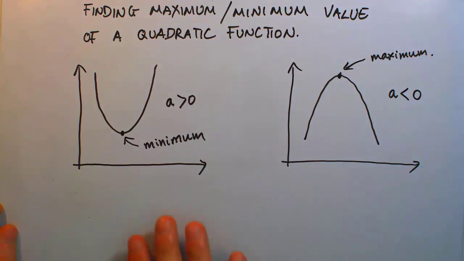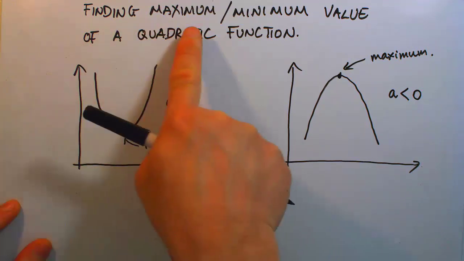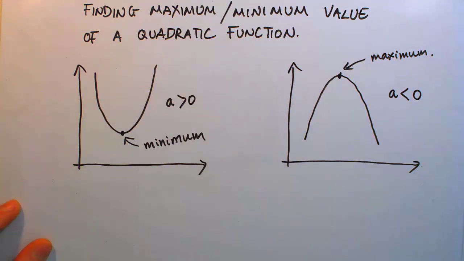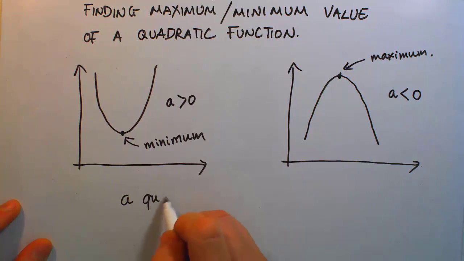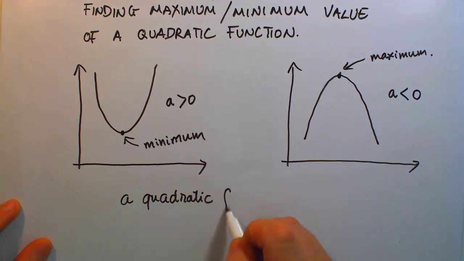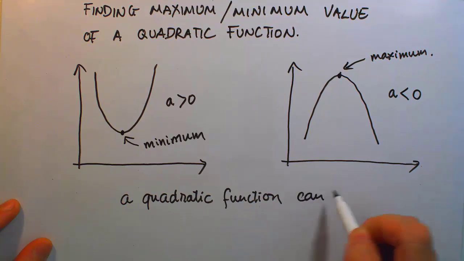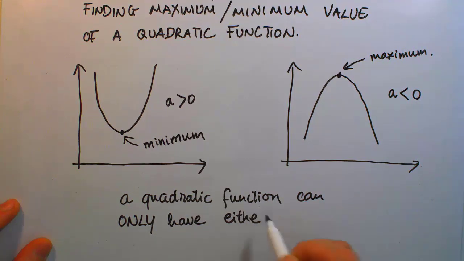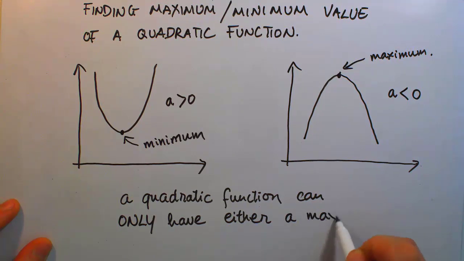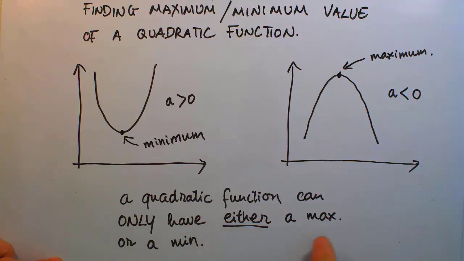And so before we advance to the actual problem, anytime we are working to find a maximum or minimum value of a quadratic function, you can keep in mind this one rule of thumb: any quadratic function, or in short people just call it a quadratic, can only have either a maximum or a minimum value, but only one or the other.